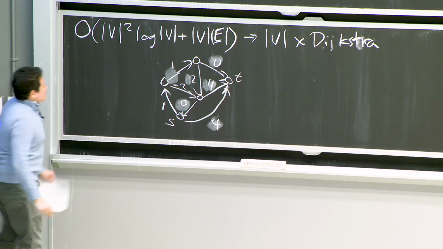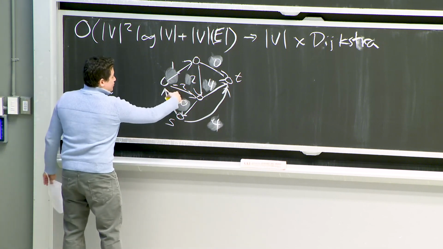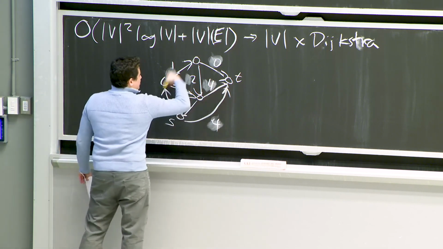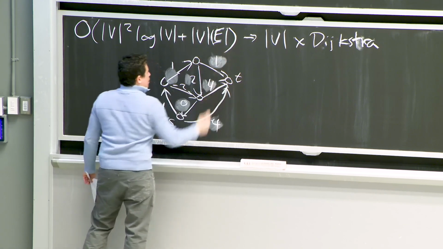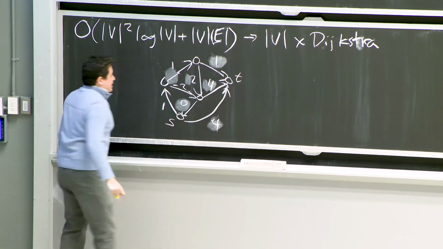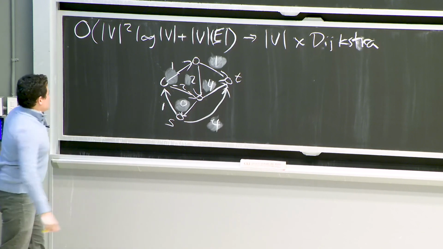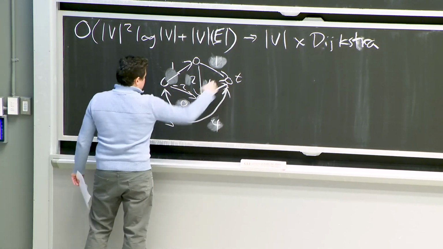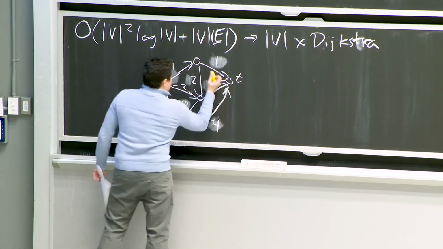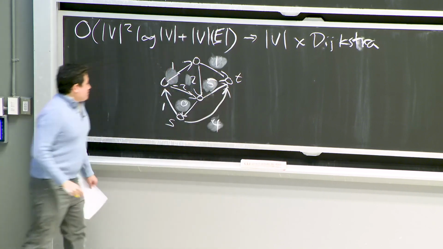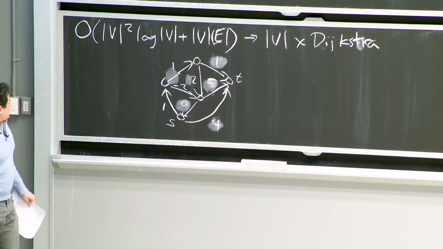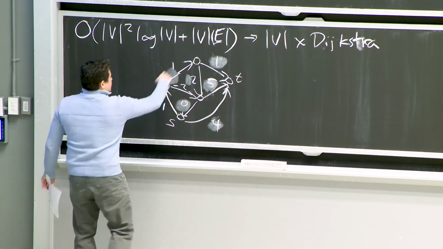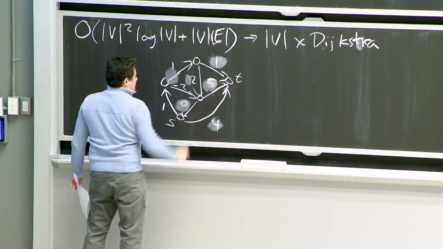Okay, so this still doesn't have negative weight cycles. It has a negative weight edge, but this path is longer than this path. So when this was 1, this had length 3, which was shorter than this path that is length 4. Okay, cool. So this is the shortest path from S to T.